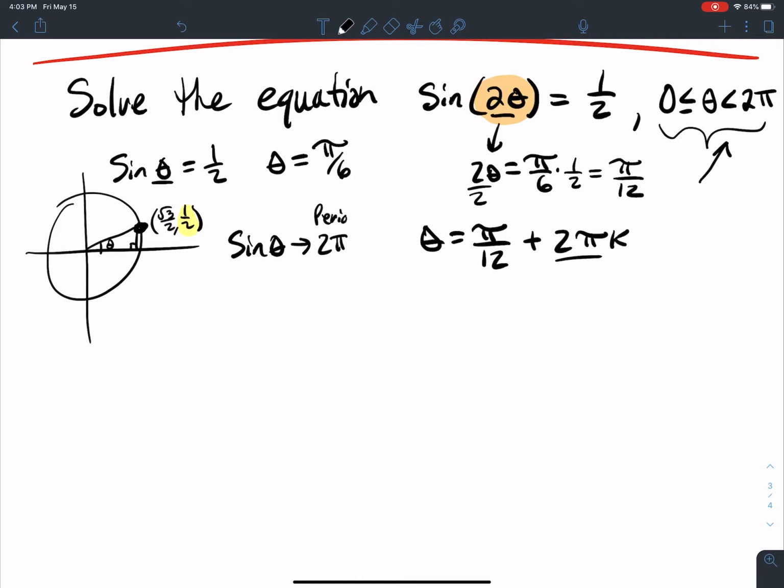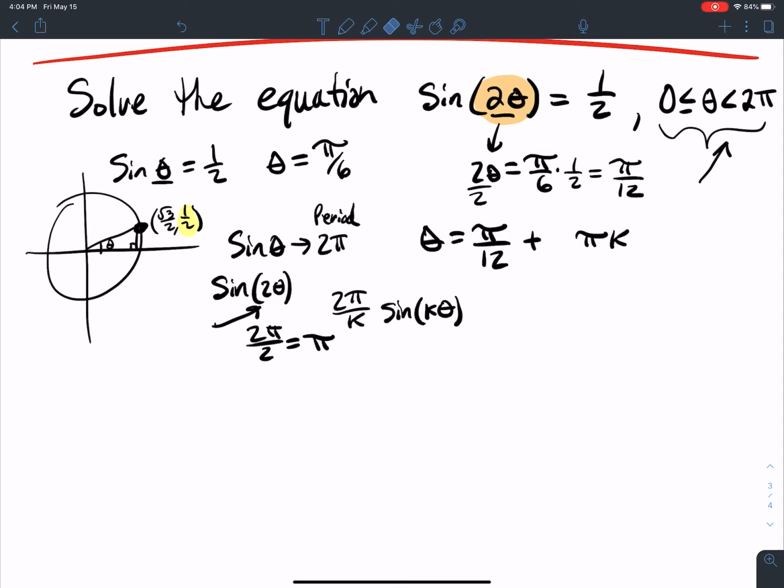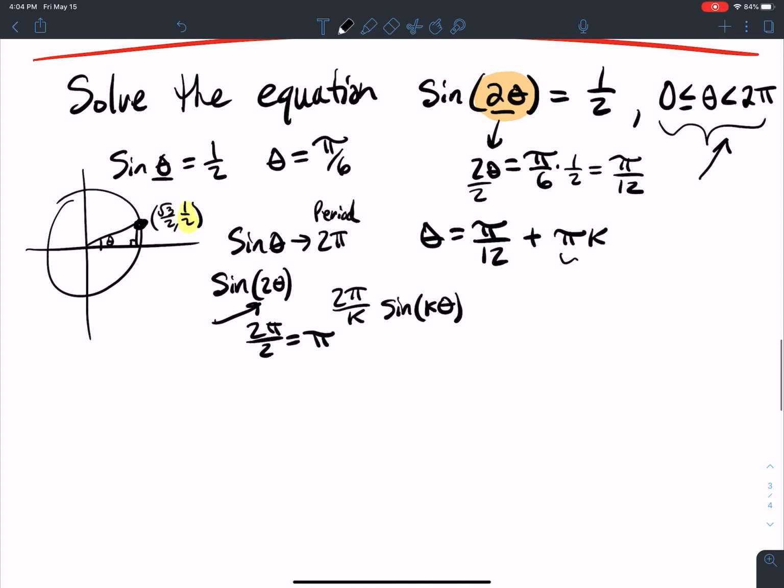But the period for sine 2 theta, remember, to find the period you do 2 pi divided by k, where I have sine k theta, right? So the period now for 2 theta is 2 pi over 2, which is pi. So actually, I need to get rid of that 2 there, okay? The period for sine 2 theta is just pi. All right, so we got to be careful there.